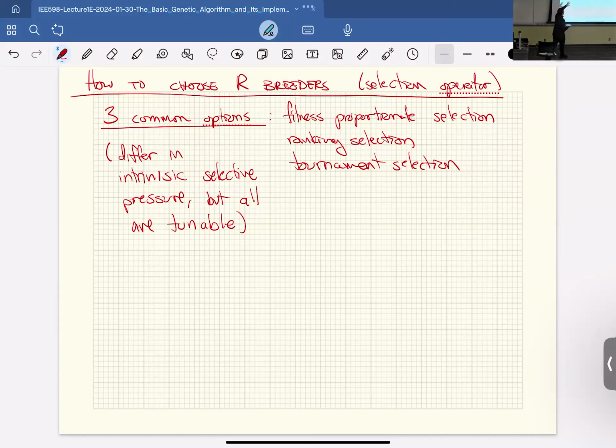These provide different sensitivity to changes in your optimization objective, but they're all tunable in how they sense those changes. So we're going to start with the one that people implement the most, the one that pops into the mind most quickly: fitness proportionate selection.